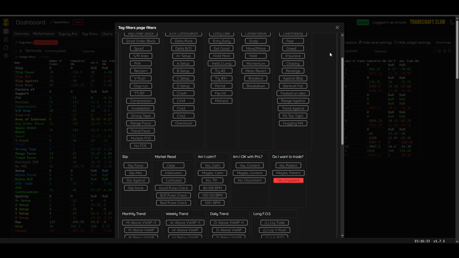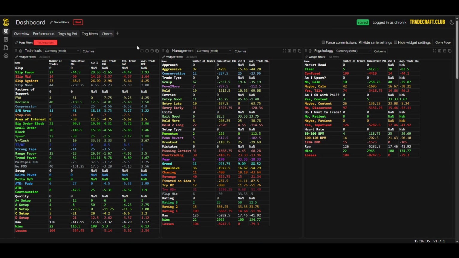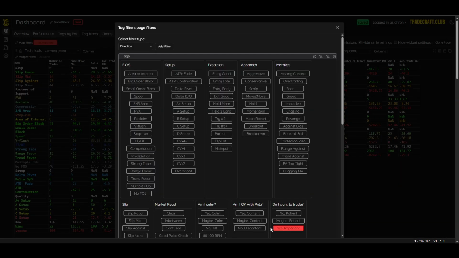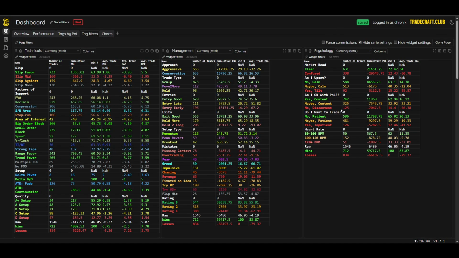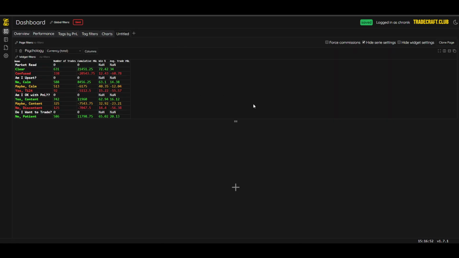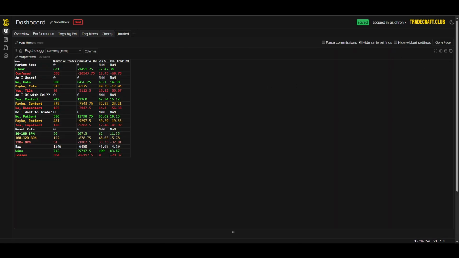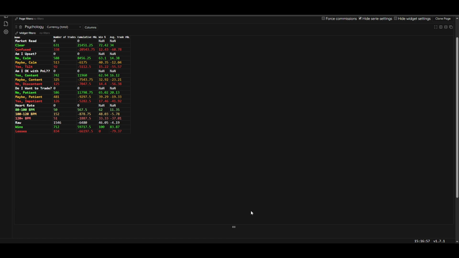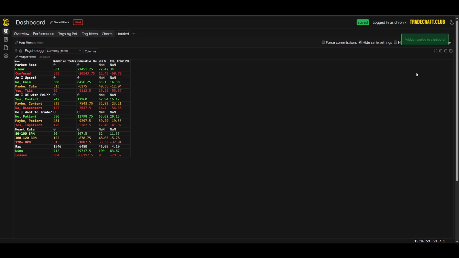So what I'll do is paste, paste, paste, paste, and then for each widget filter, tag, add filter, slip favor. I'm going to rank slip favor, mid, against, none, because it is almost that exact order of how best to worst.